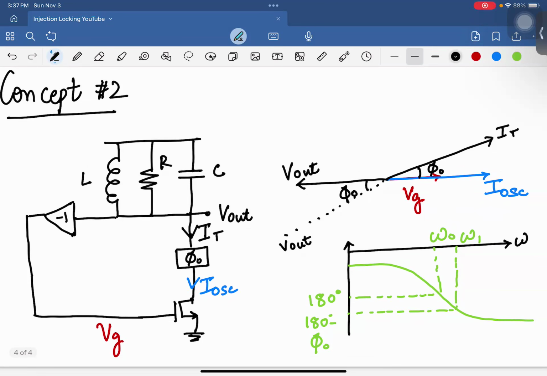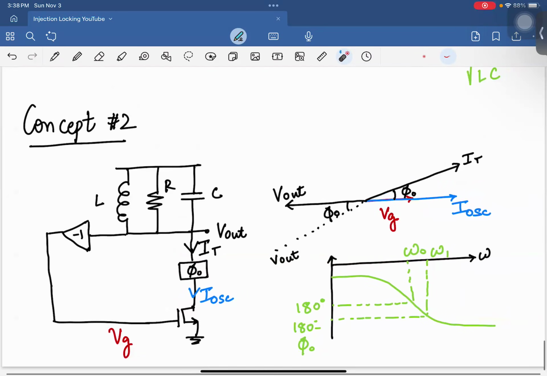So when you introduce a phase shift here, the tank now has to resonate at a slightly different frequency, omega 1, so that the loop gain condition of phase being 0 when you go around the loop is satisfied, right? And that's sort of the basic idea behind why injection locking shifts the frequency.